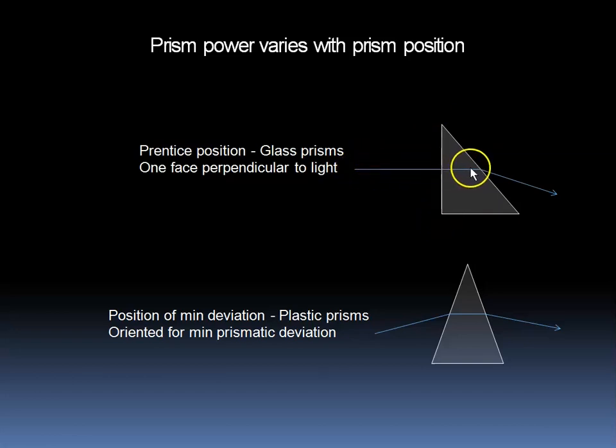The light goes through undeviated and is then bent away from the normal when exiting the other side of the prism. Plastic prisms are generally measured using the position of minimum deviation, in which the overall angle of deviation of the two sides combined is minimized.